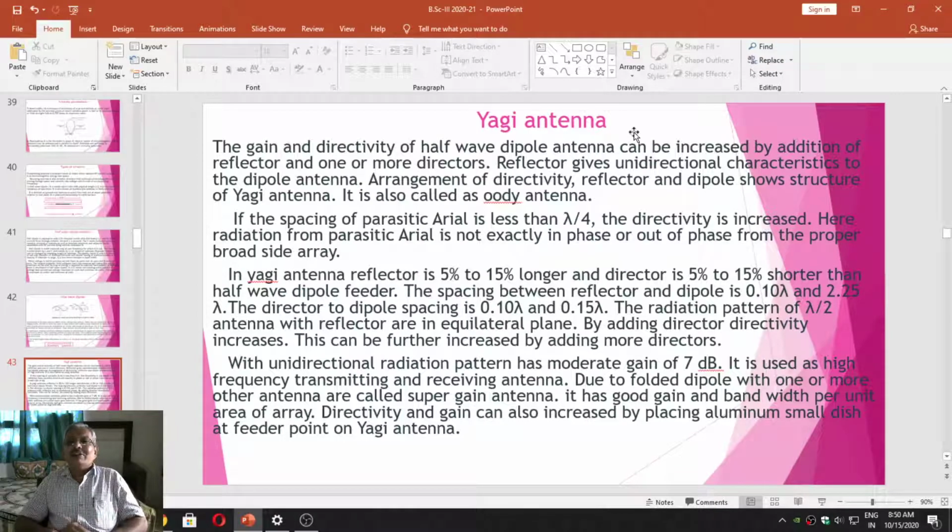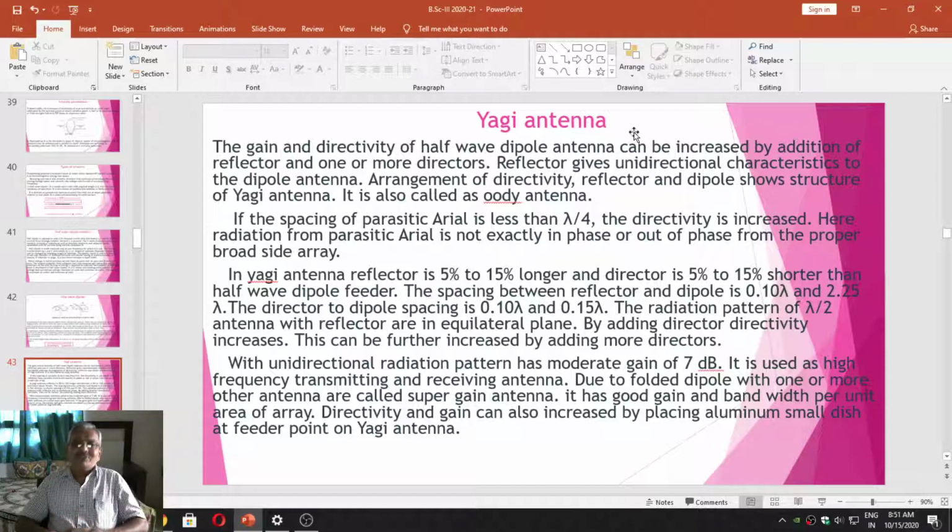The space between a reflector and the dipole is 0.10 times lambda to 2.25 times lambda, means the distance between dipole and reflector is 0.10 times lambda minimum and 2.25 times lambda maximum. And also the distance between dipole and director, and between director and director, will be between 0.10 times lambda to 0.15 times lambda.